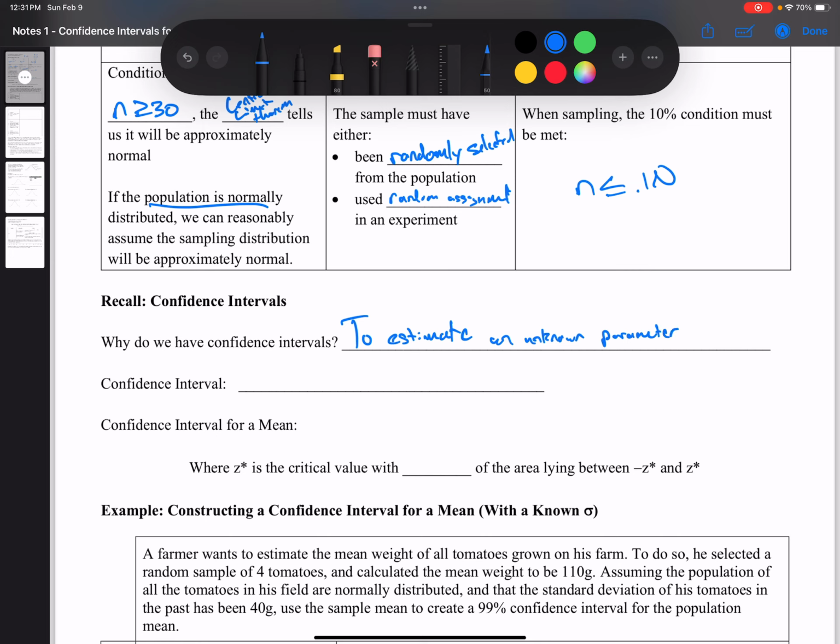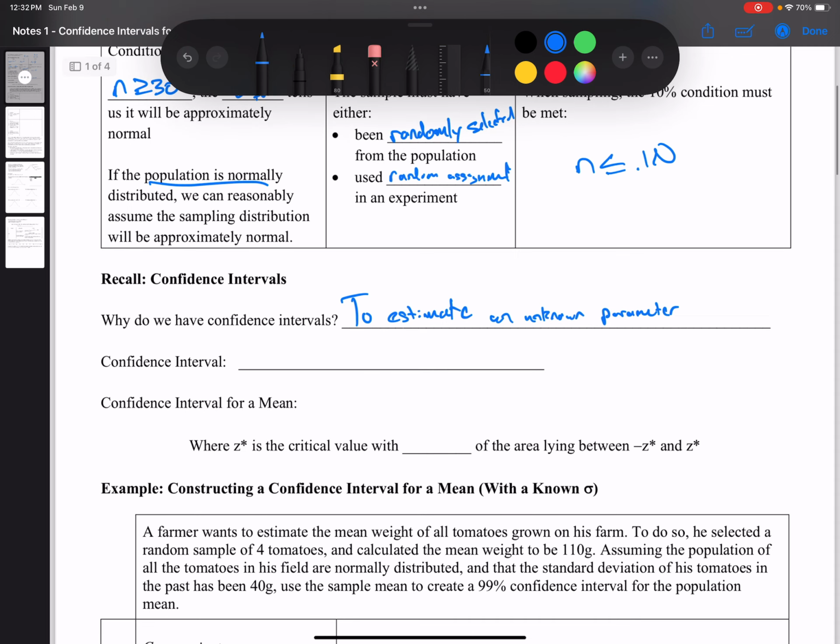Okay, so in the last unit we checked about proportions and we ran through all those tests. We had a confidence interval that told us how confident we were that our true population proportion is in between two values. And to calculate our confidence interval, we had this.